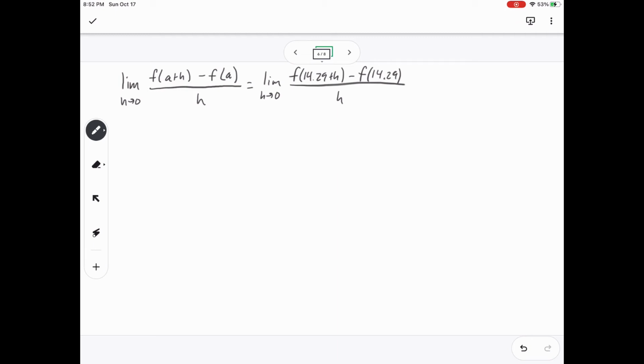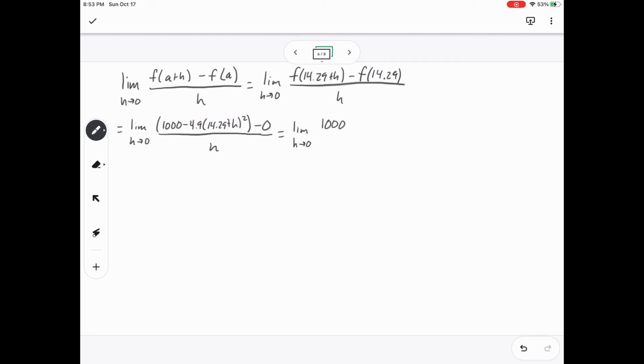Now, because I'm plugging that in, I already know what f of 14.29 is because I just found it, right? So I can plug that in and make it 0. But I do need to plug in 14.29 plus h into t to help me find the rest. So I can not worry about the minus 0.